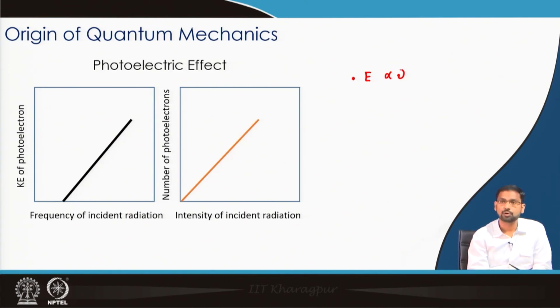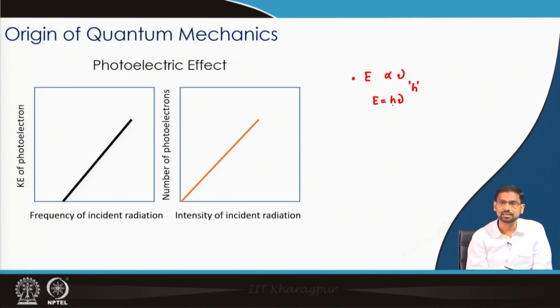Again looking at the experimental result, it turned out that this proportionality constant happens to be the same h, Planck's constant, as we saw in the black body radiation. So in Einstein's work, he also said that the energy of the incident radiation is given by h nu, and it is proportional to the frequency.